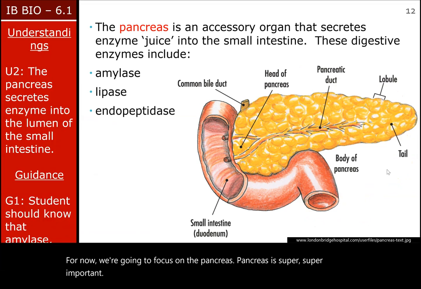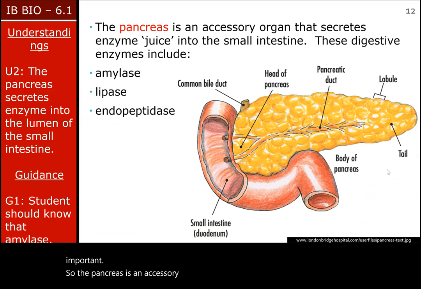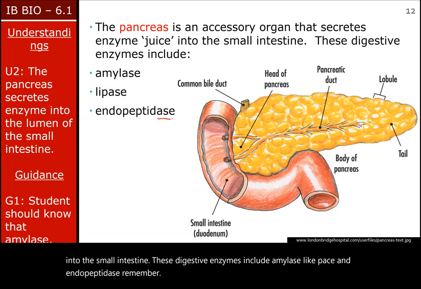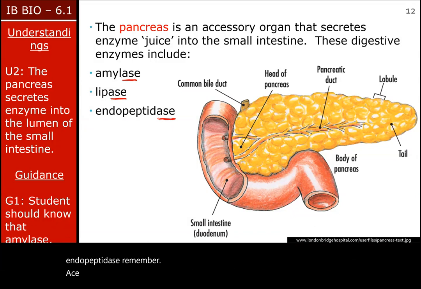So the pancreas is an accessory organ that secretes enzyme juices, juicy juices, into the small intestine. These digestive enzymes include amylase, lipase, and endopeptidase. Remember, ase means enzyme. And the name of the enzyme will actually tell you what it breaks down.